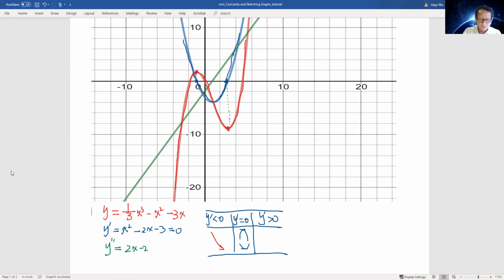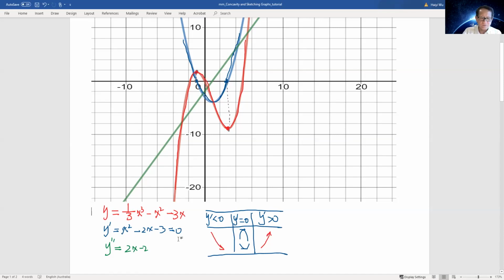So when the first derivative is greater than 0, the graph is increasing. This table indicates the relationship between the derivative and the original graph, whether it is increasing, decreasing or stationary.